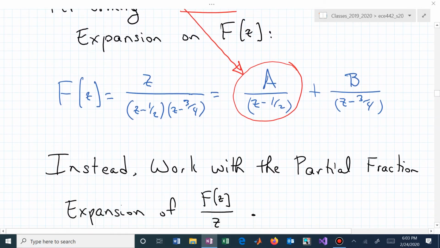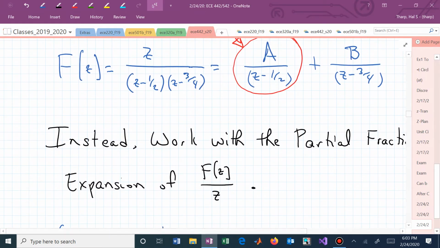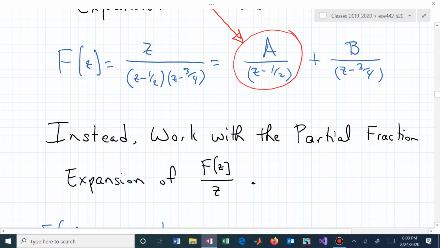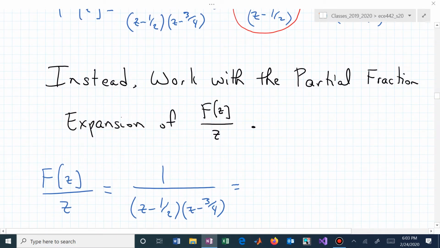So what do we do? Well, we just pull a fast one. We say, well, if that doesn't work, why don't we expand F of z over z in a partial fraction expansion? Then let's see what happens. Suppose that I now have this. F of z over z is equal to 1 over z minus 1/2 factor times z minus 3/4.